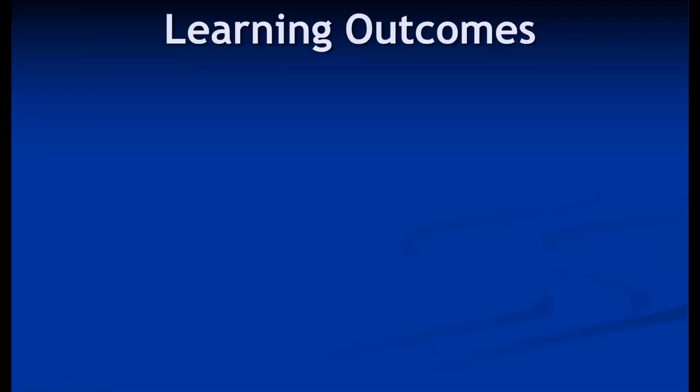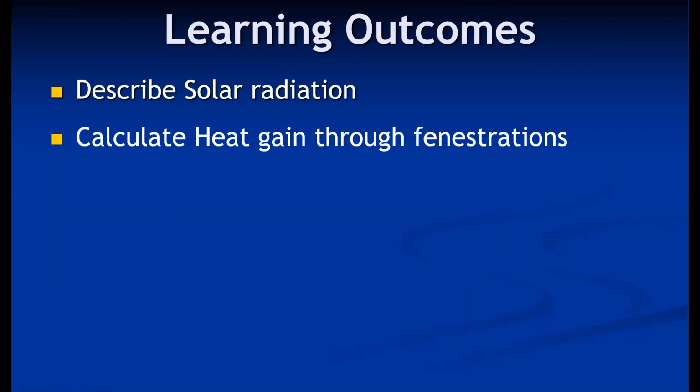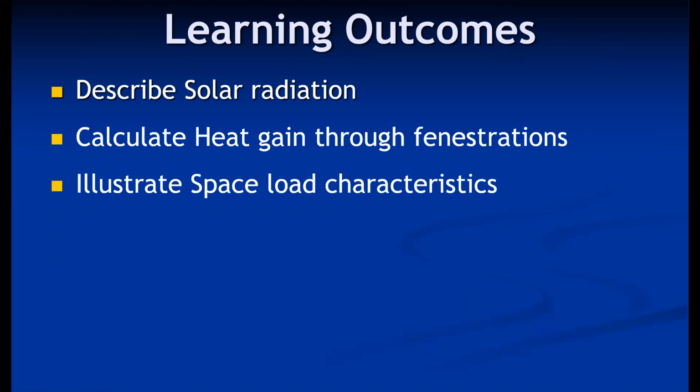So that's it. This is the introductory portion. At the end of this particular session, you should be able to describe the different components of solar radiation, and how to calculate the heat through fenestrations. Then you should be able to illustrate the different components of space load. There are 4 components we have discussed.